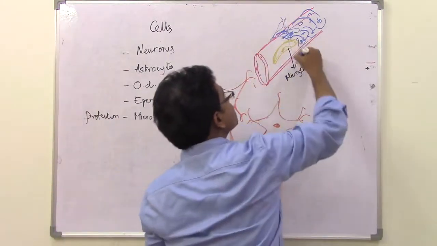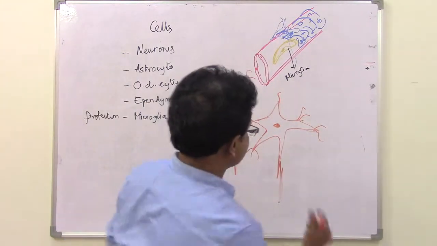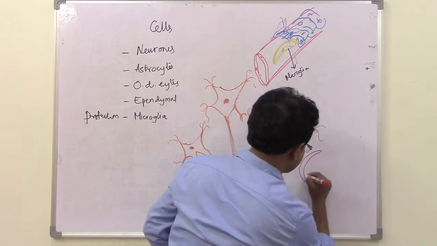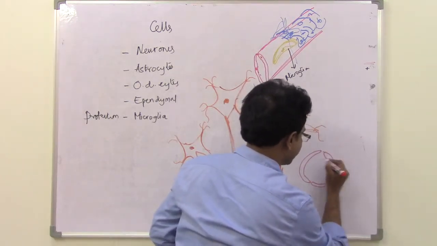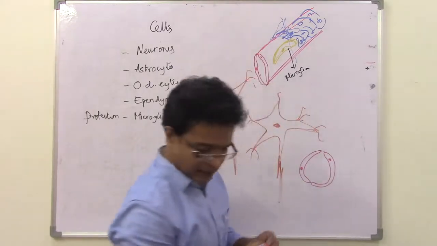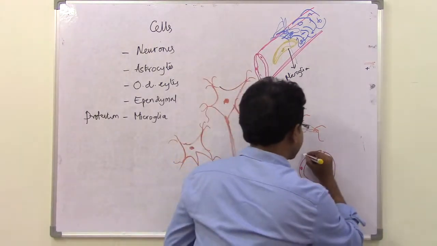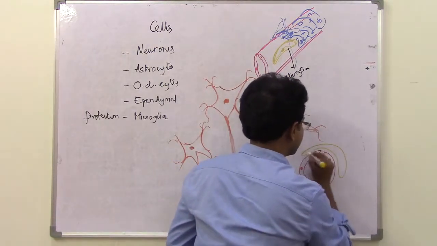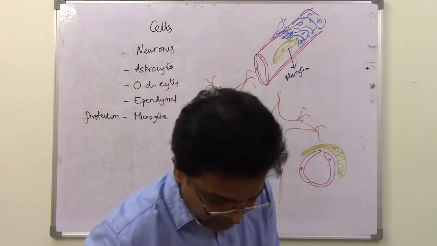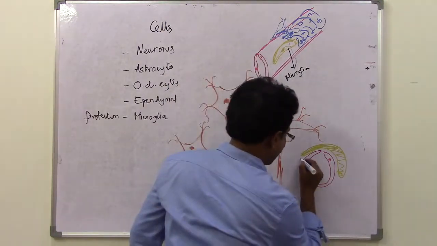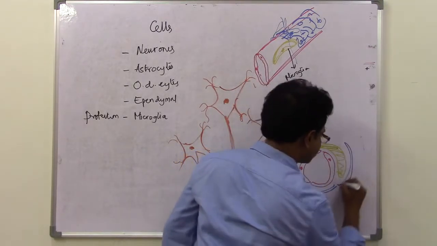If you take a cross section of this, how does it look? It should look something like this. This is a single-cell-thick endothelial cell lined capillary, and we have a protective macrophage around it, and finally the foot processes of astrocytes.